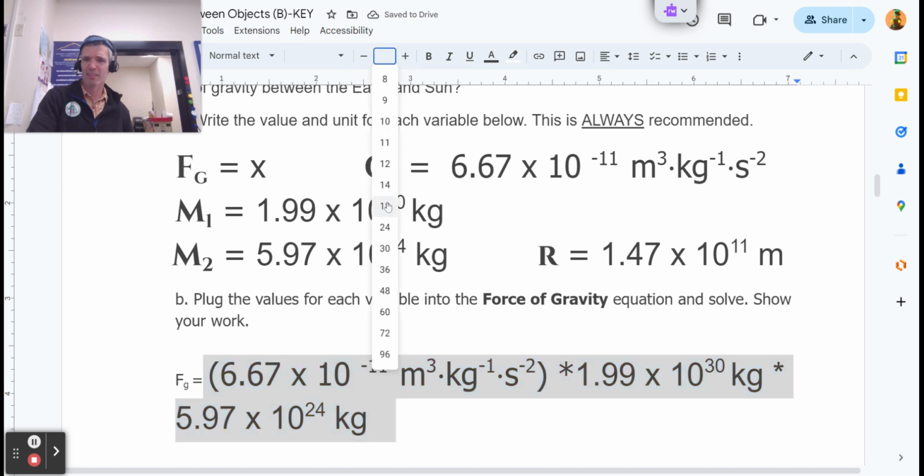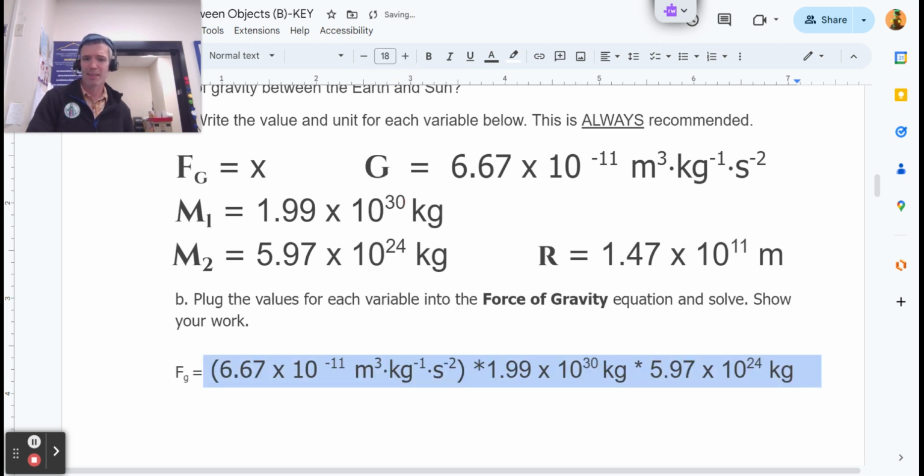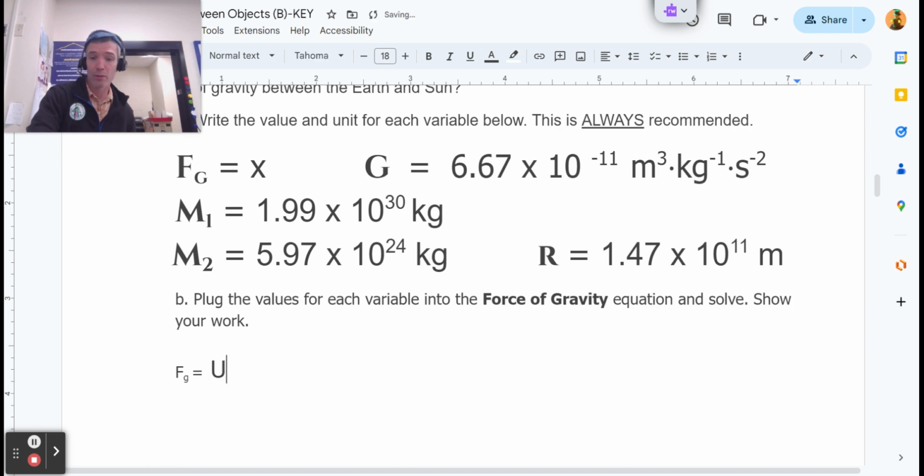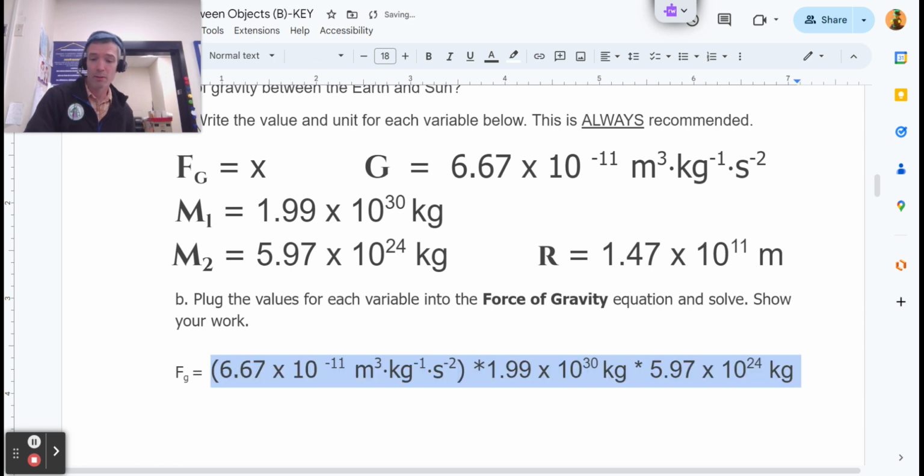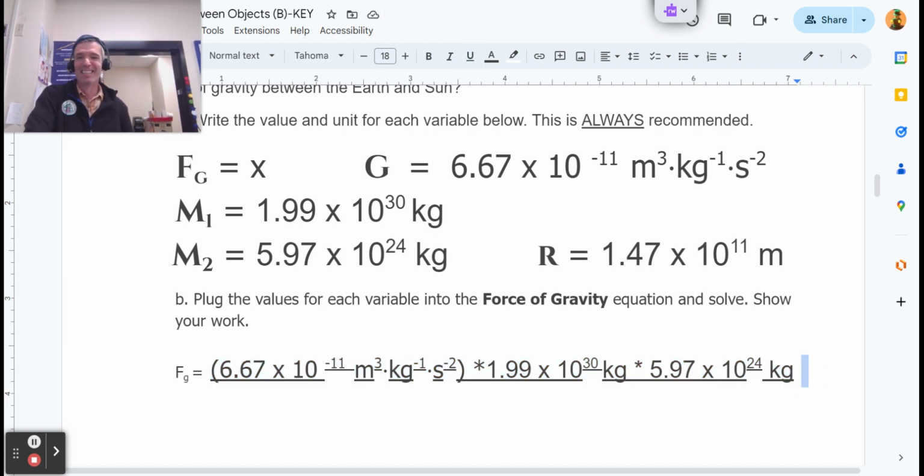Looks like a bunch of big numbers, and it is, but it's not as hard as you think it is. I think once you get the hang of it. All right. That's underlined. Just even makes it harder. Okay, now I put this in. It goes down below, and this gets squared.